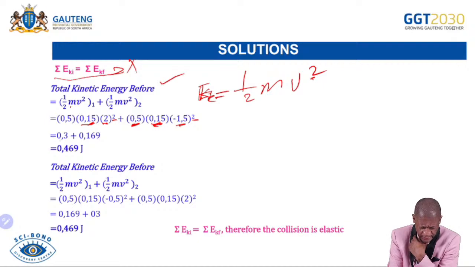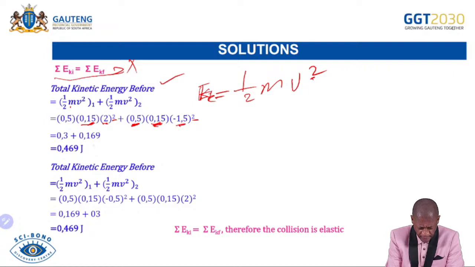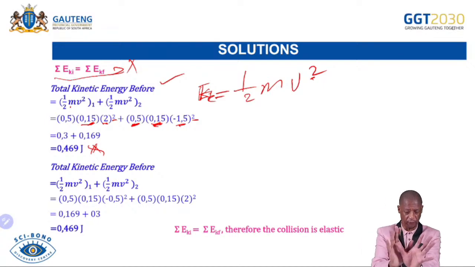Then you get your answer as 0.3. Then you come to this one, 0.5 multiplied by 0.15 multiplied by negative 1.5 squared. Then you get your answer as this one. Then you add the 2, then you have your answer as this one. That is before, right?